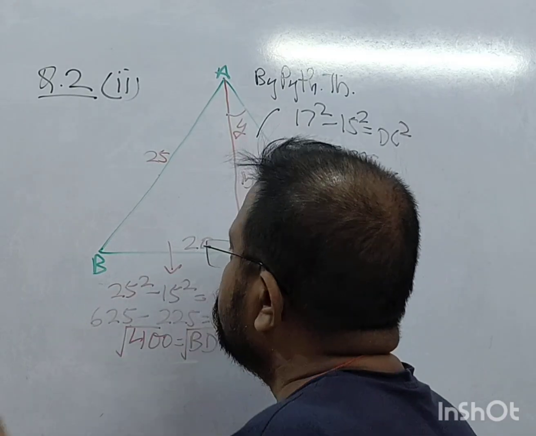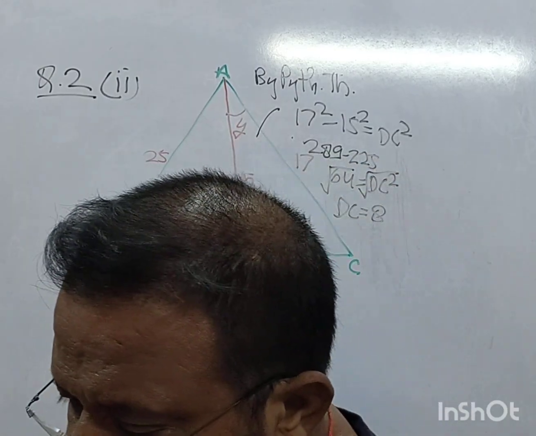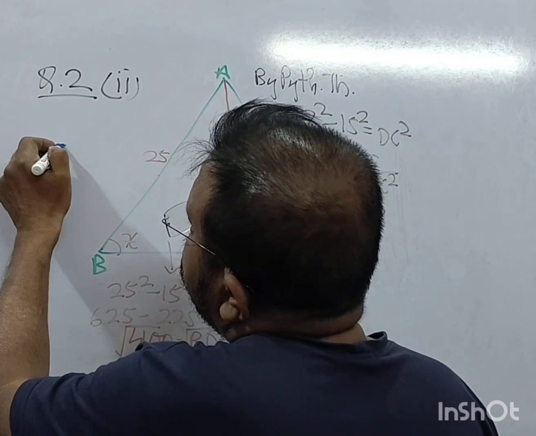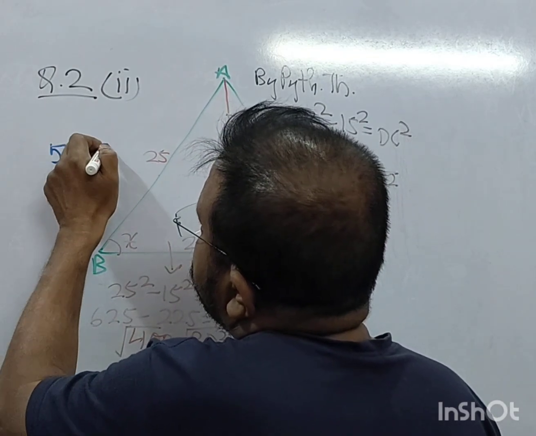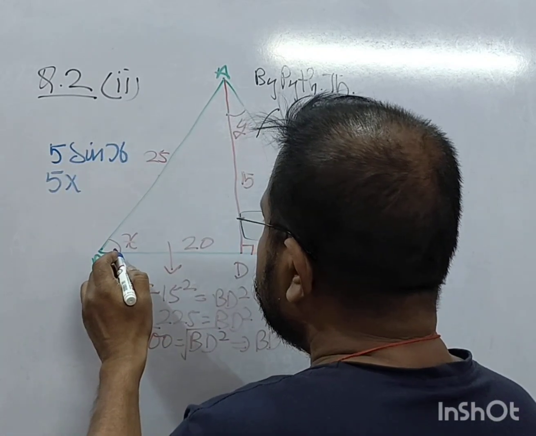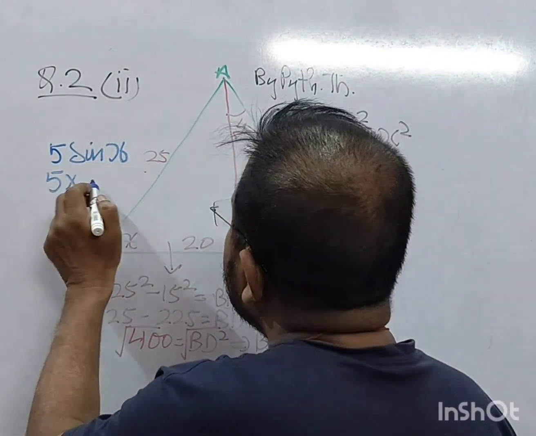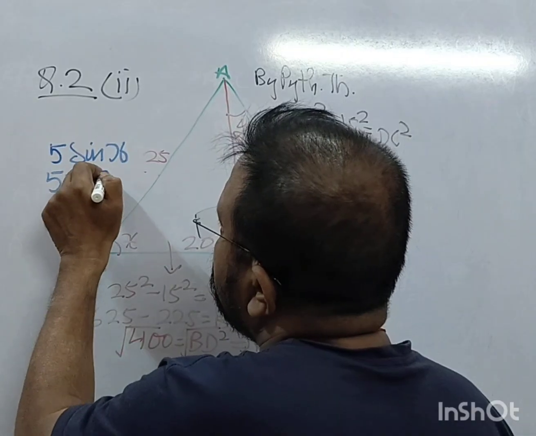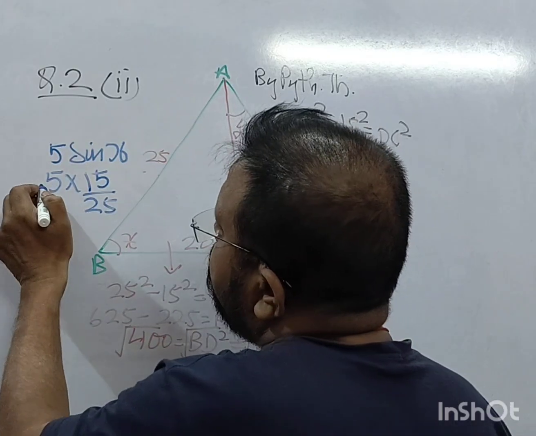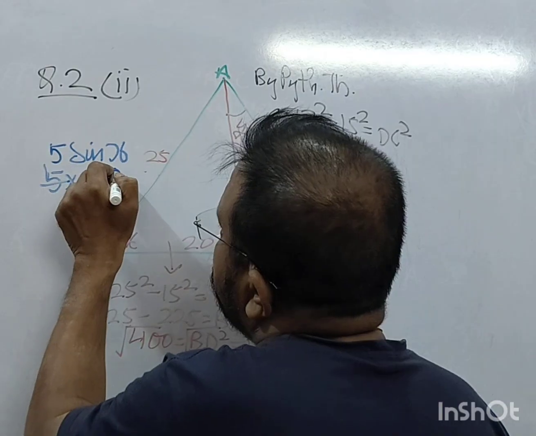Now, what do you have to find? This is angle X. Right? So you have to find 5 sin X. So 5 into sin X means perpendicular upon hypotenuse, into 15 upon 25. 5 times 5 becomes 25 and 3 times 5 becomes 15.